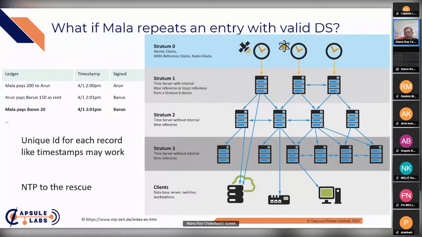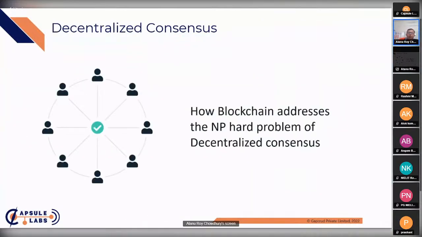This brings us to another question, right? We have been talking all this while about blockchain being able to address what is called an NP hard problem of decentralized consensus. We talked about blockchain bringing in trust.